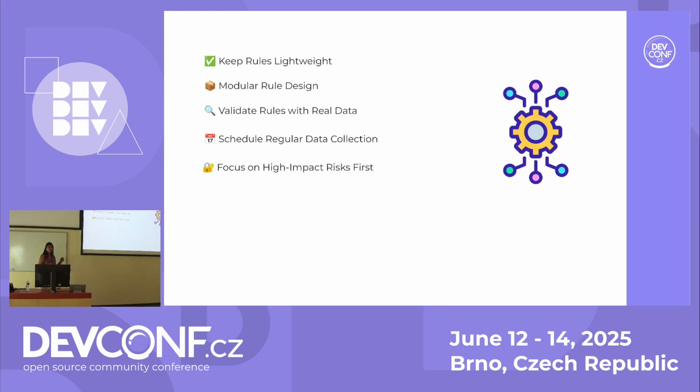Always focus on high impact risks first, so write automation scripts only for those issues which are recurring again and again, and log all the detected issues in a JSON file or as per your requirement. And last, customize it according to your environment and requirements.